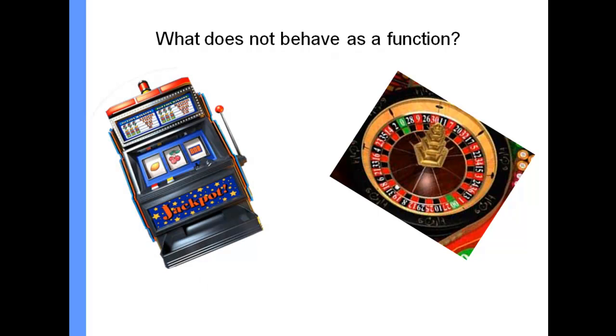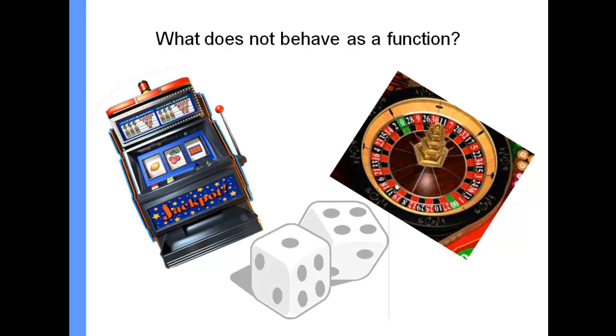Also, when you play the slot machine, if your input is you pull down the bar on the slot machine, well, you're not guaranteed one output. There could be many different outputs. Also, when you roll a pair of dice, if the input is you're going to roll the dice, then you could get many different types of output.